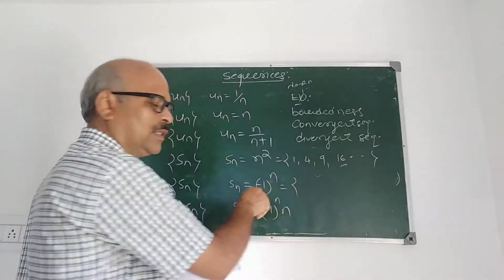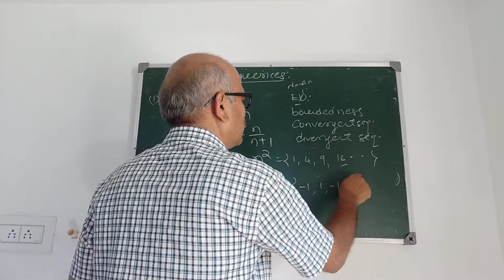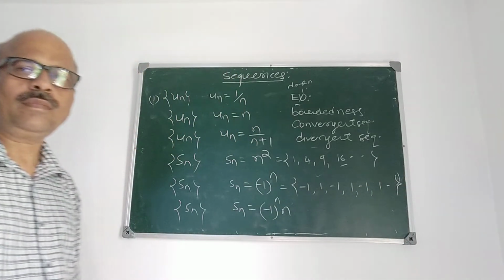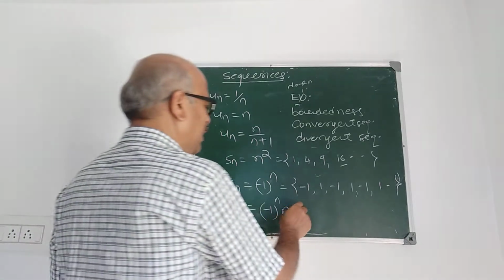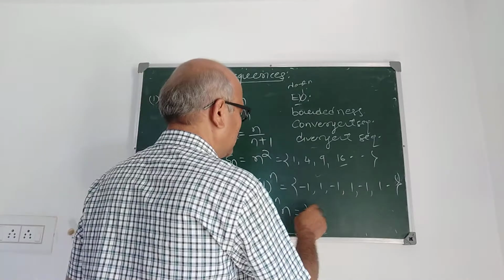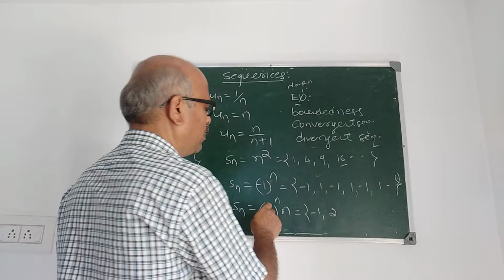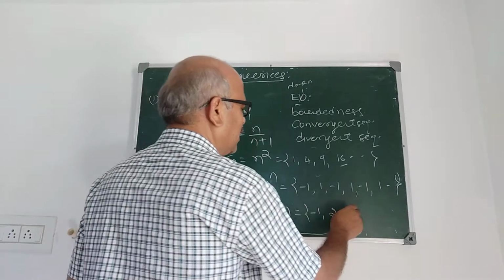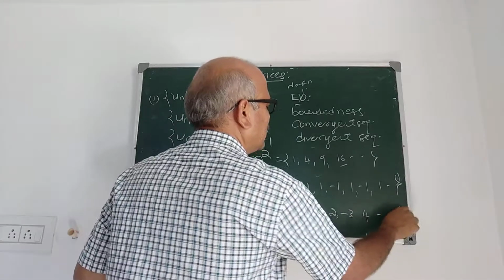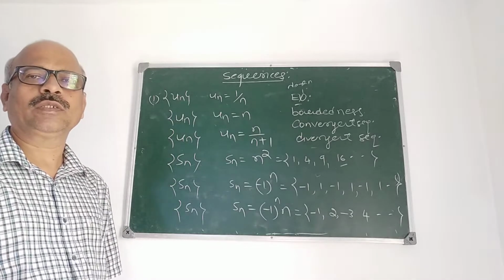Minus 1 raised to n, this is an important sequence: minus 1, 1, minus 1, 1, minus 1, 1 and so on. And minus 1 raised to n into n is minus 1 and plus 2, because n is 2; n is 3 gives again minus 3, n is 4 gives plus 4 and so on. Am I correct? These are examples of sequences.